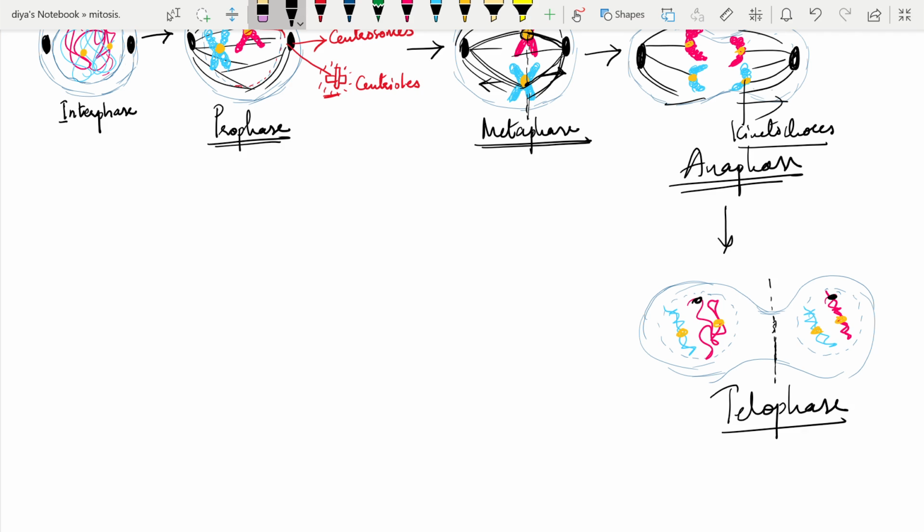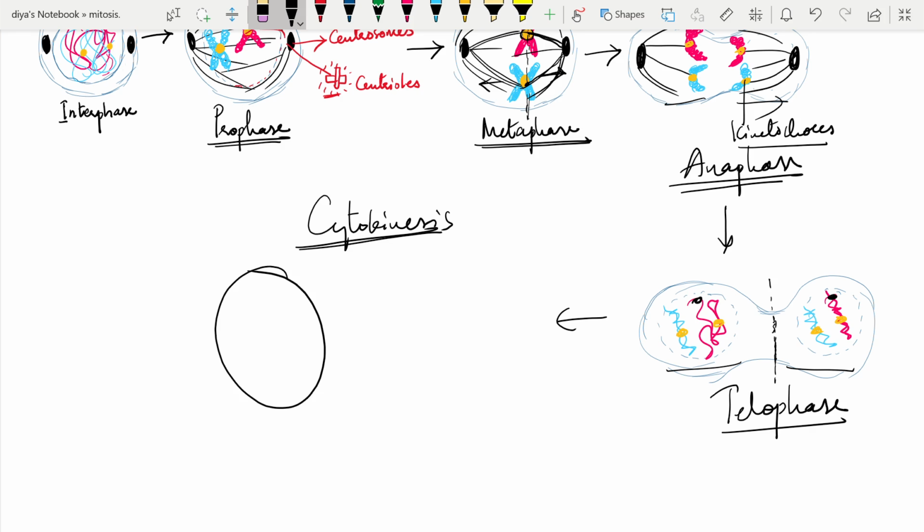After telophase, we observe cytokinesis, where the cytoplasm of these two cells is separated into two daughter cells. Now the two daughter cells are produced.